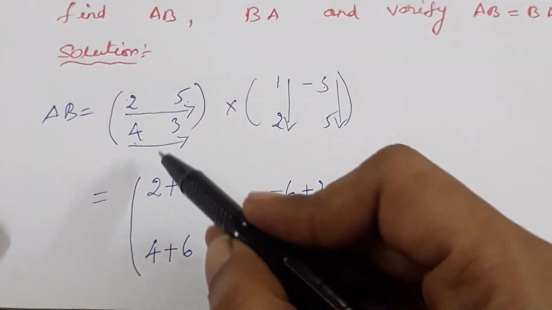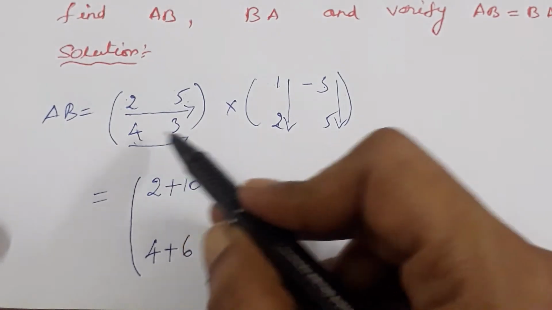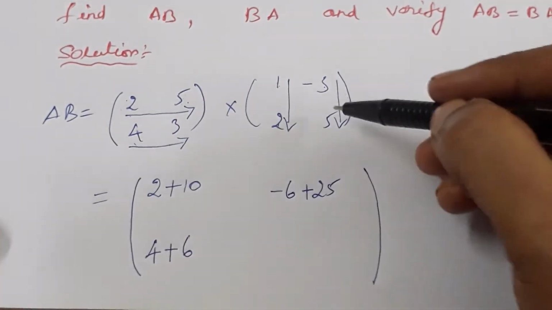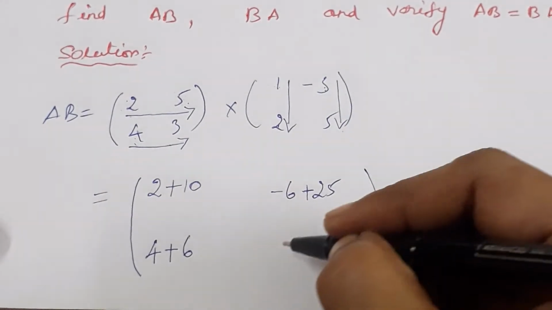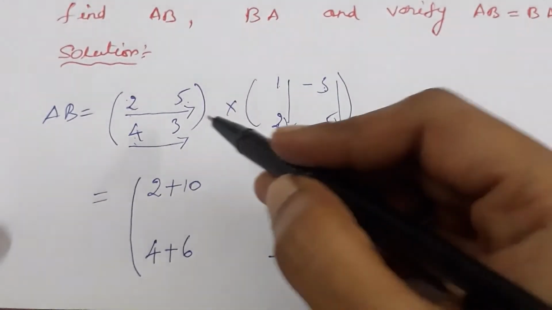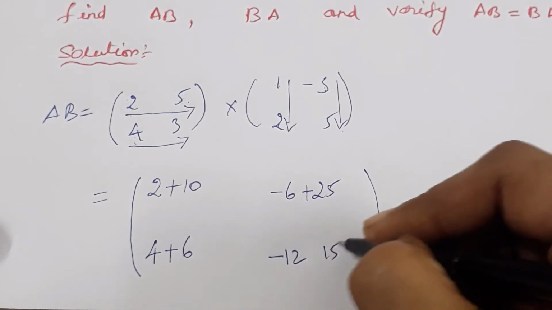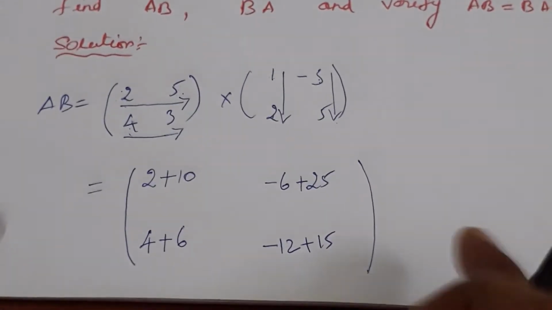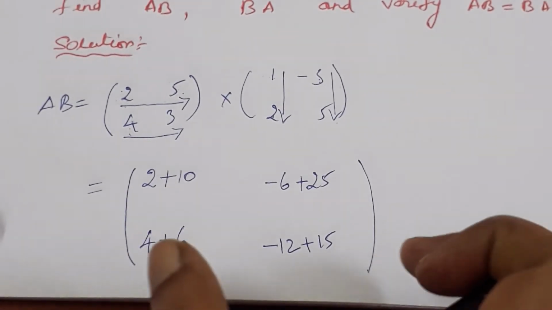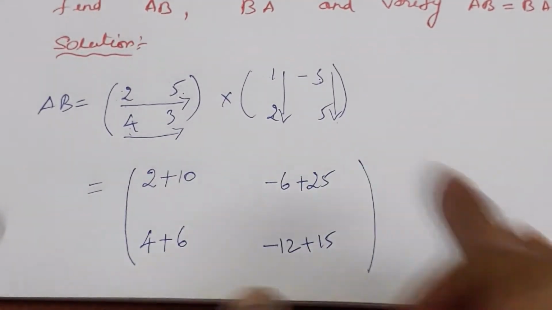Then take the second row and multiply it by the second column. 4 into minus 3 is minus 12, and then 3 5s are 15. In between put a plus sign. So this is our procedure to find the product of two matrices.